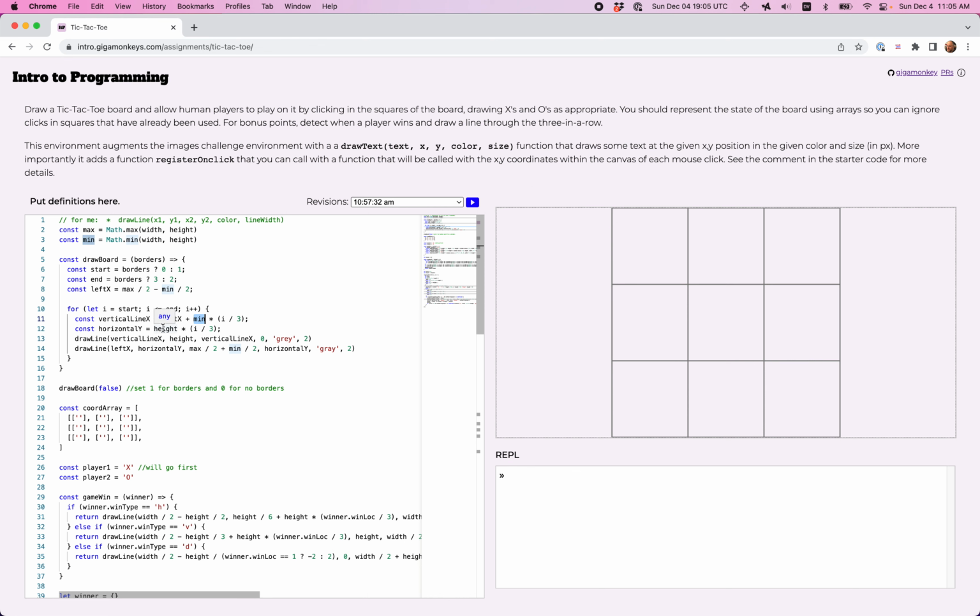I think height should also probably really be min, for a couple reasons, one of which is if the height was the bigger of the dimensions, I don't think that would be right.